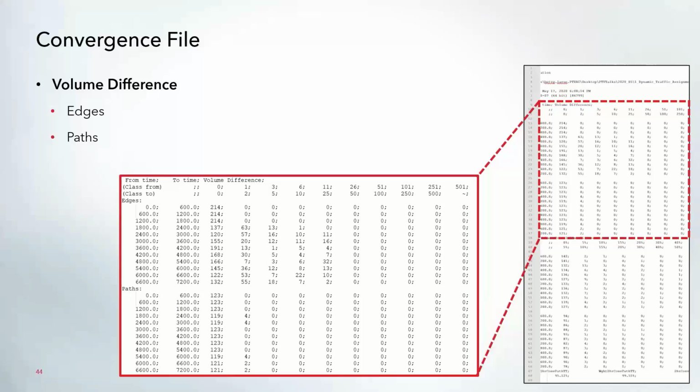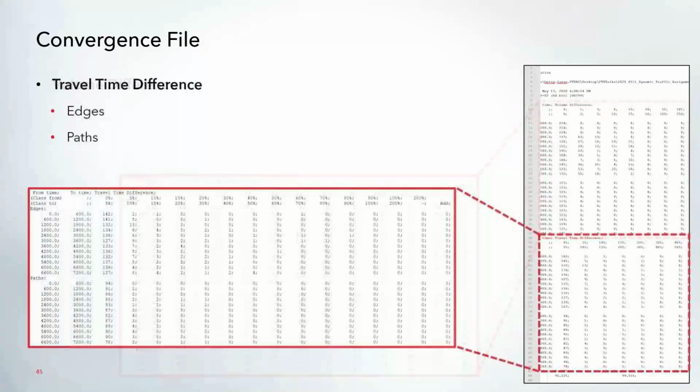You can either look at volume difference for the edges, and then you can also look at travel time difference. So this top portion of the file deals with that volume difference. And then the bottom half of this file deals with that travel time difference. And again, for both of these cases, within this file, you can see the differences between both the path and the edges.